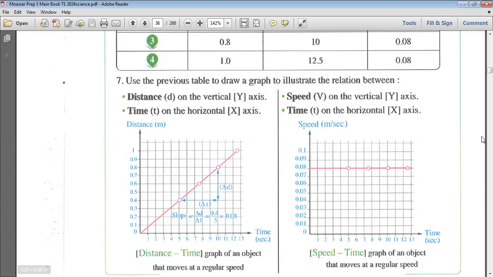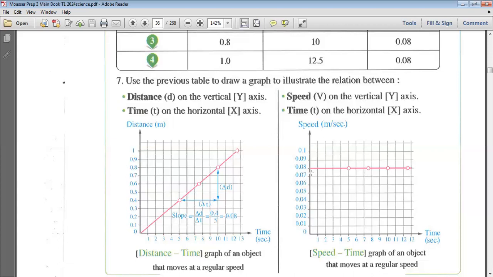Okay. Then we have another graph for an object that moves with a regular speed. The speed time graph for an object that moves with a regular speed is represented by a straight line parallel to the time axis. Okay.